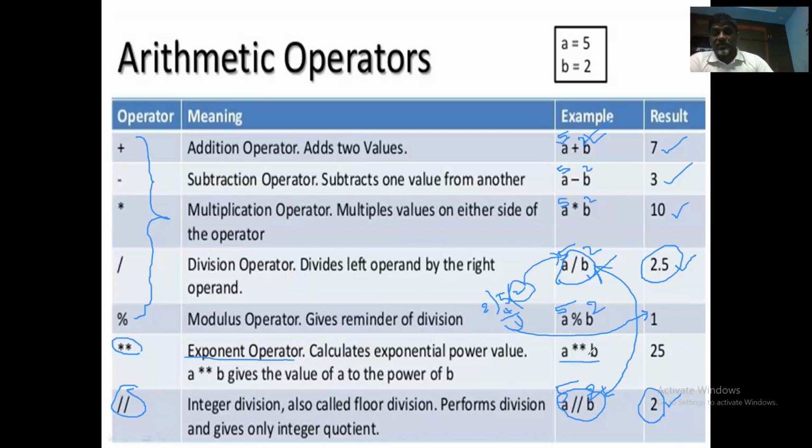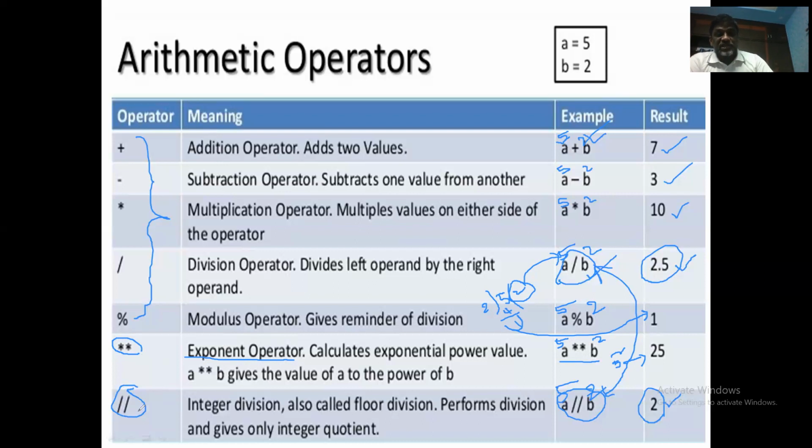So for our example, let us say a is 5 and b is 2. It means that it is 5 square. Therefore the result is going to be 25, right? So this is exponent operator, represented as 2 stars.